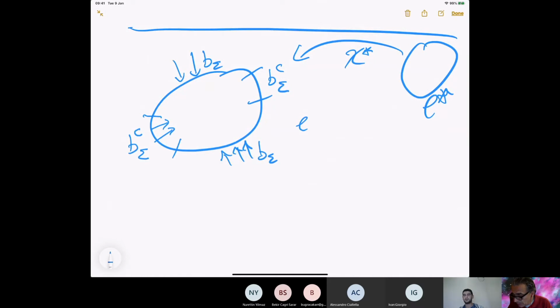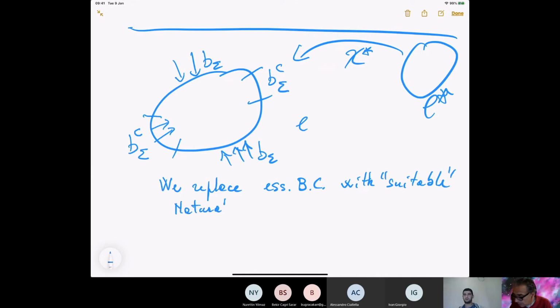So we replace essential boundary conditions with suitable natural boundary conditions.